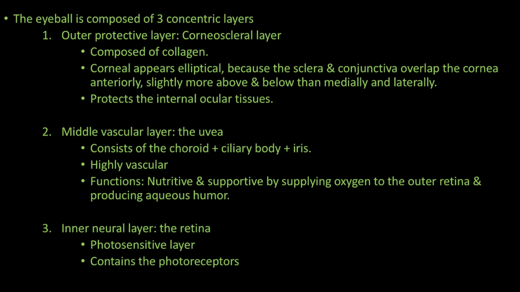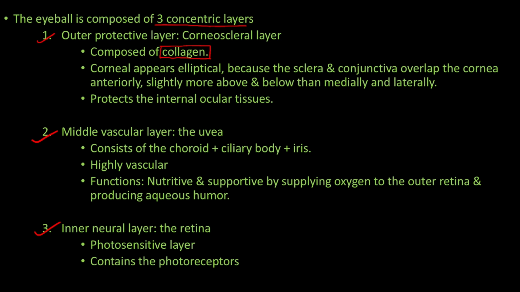Now we can divide the eyeball into three concentric layers: the outer protective layer, the corneoscleral layer; the middle vascular layer, the uvea; and the inner neural layer, the retina. The outer protective layer, the corneoscleral layer, is composed of collagen to protect our eyeball.